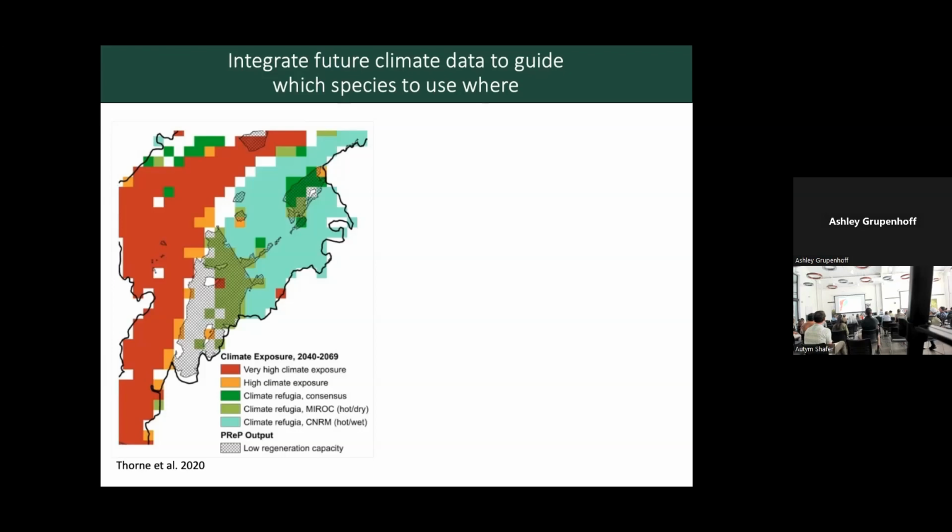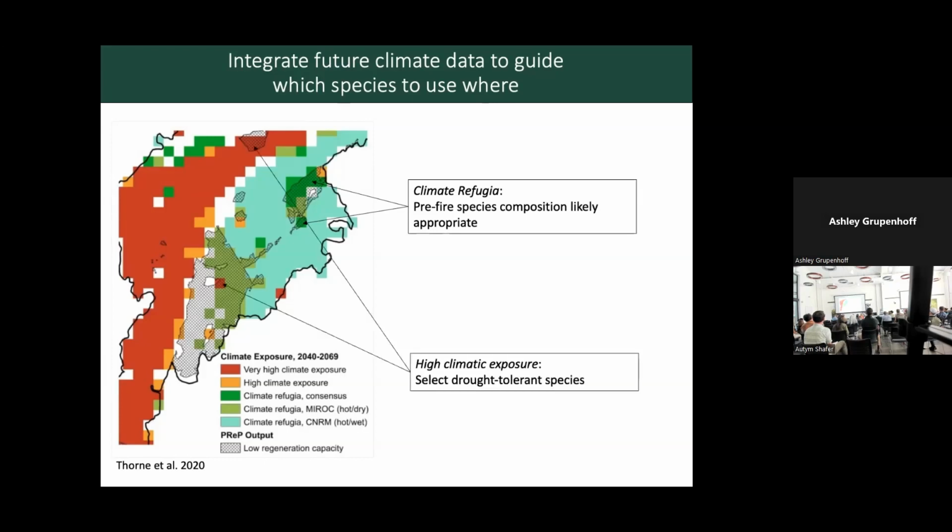And here we're looking at the southern part of that Copper fire. Areas in that leafy green colour are climate refugia areas where the climate's going to be stable, and in these areas the pre-fire species composition is likely appropriate. And this can be contrasted with the high climatic exposure areas shown in the red, where drought-tolerant species might be more appropriate.